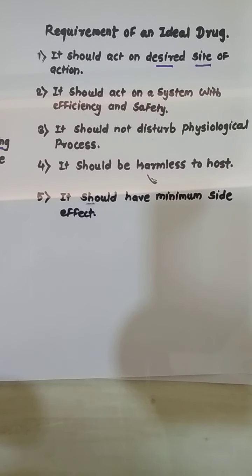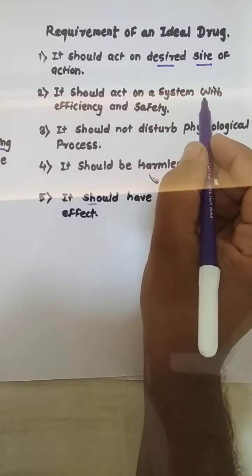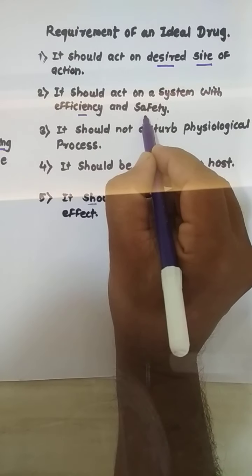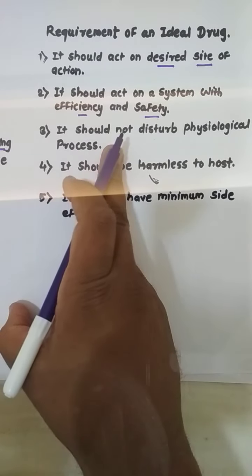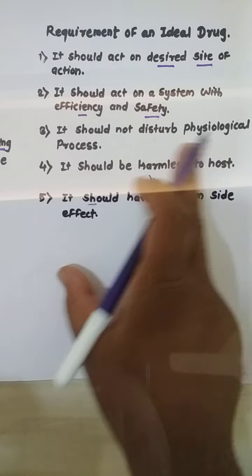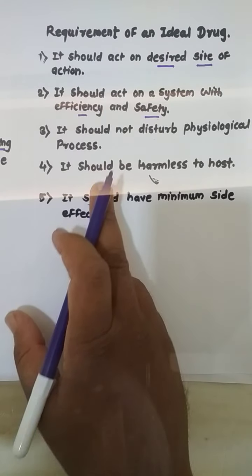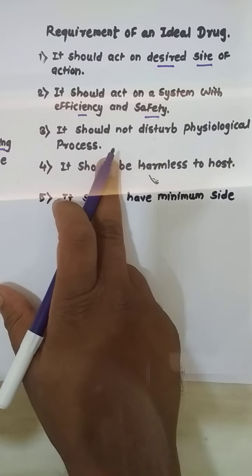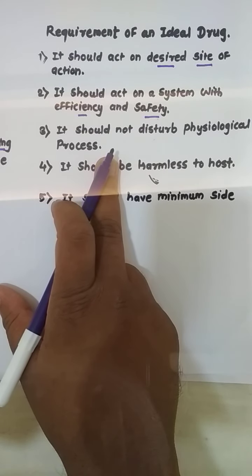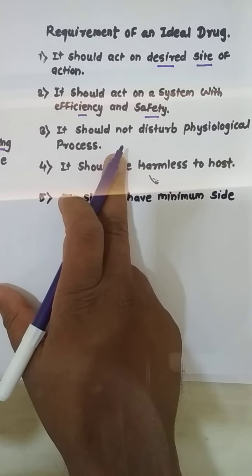Next, it should act on a system with efficiency and safety. Next, it should not disturb physiological processes. It means it should not affect any biological processes, such as metabolism or cellular processes.